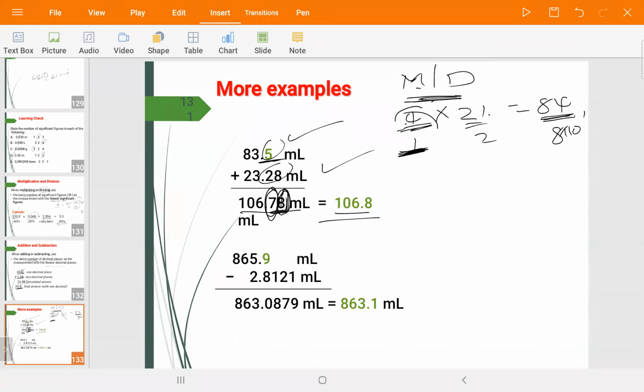Similarly, if you subtract this from this, your answer should contain one decimal place, because this one has one and this one has 4 decimal places.